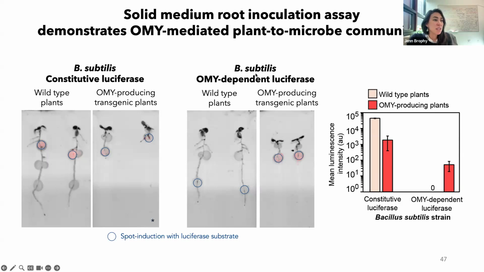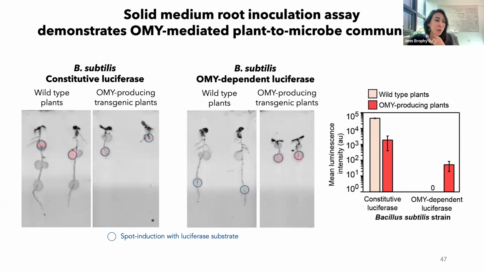But for Bacillus subtilis that do have that stop codon that require O-methyltyrosine in order to make the luciferase, we saw a strong signal only when the bacteria were grown with the plants that secrete the non-standard amino acid. So this was probably the first assay that Vivian ran with this plant to test this plant microbe interaction, and I was pretty surprised that it worked.